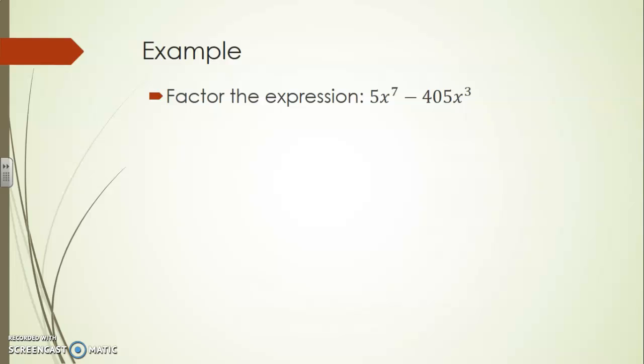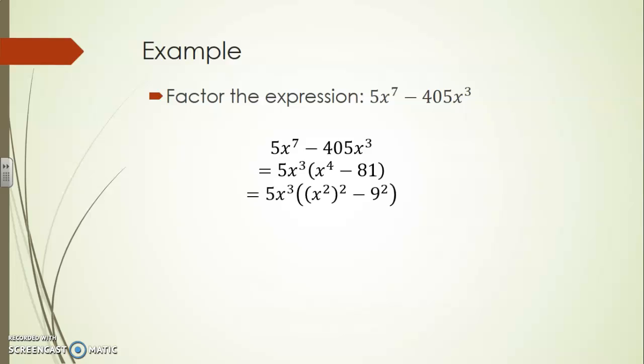Here's a different approach with the exact same expression. Once again, simple factoring is probably the best way to start this whole problem. And then although we see x to the 4 minus 81 as potentially being 2 terms of the power 4, some will think of it as a difference of squares.